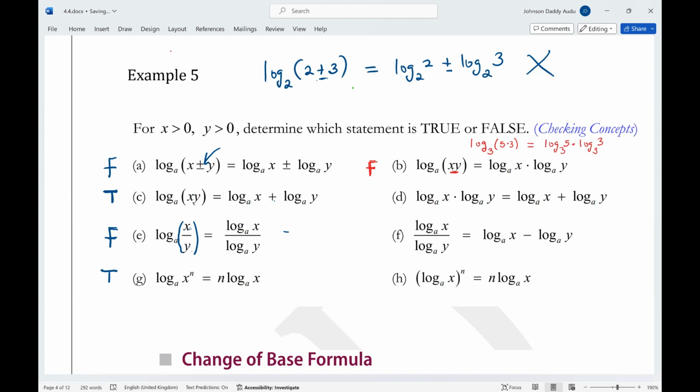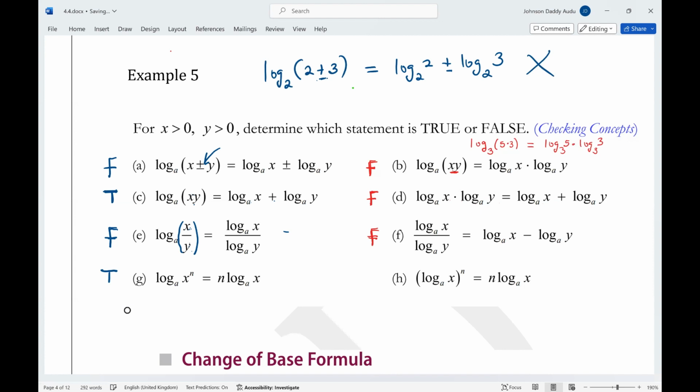Now we have this one, log to base a of x times log to base a of y. Is it the same thing as log to base x plus log to base a of y? This is also false because this is multiplication. And this is also false. Okay. Oh, this is also false.